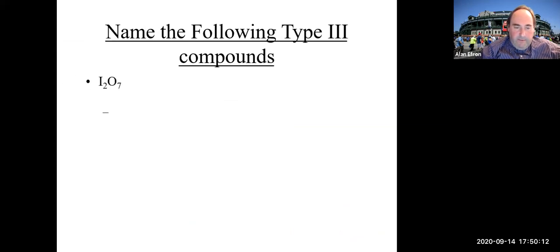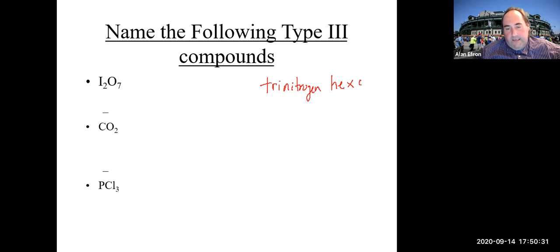So you got a couple here. Why don't you give these a go, see what you come up with, and then I'll also give you some names. You could try to write those as well. So let's do trinitrogen hexoxide. Let's do carbon tetrachloride.